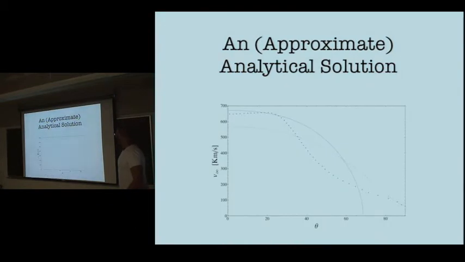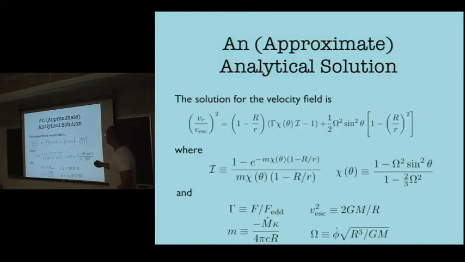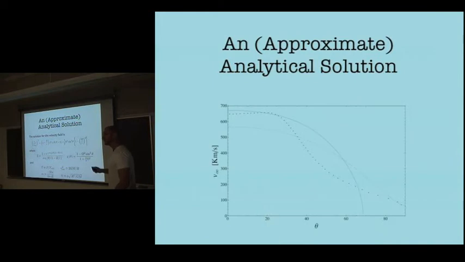I will just present these results, where this is the velocity profile of the wind, plotted at infinity. As you see, this solution has a radial dependence, and I'm showing you the solution at infinity. I will shortly explain why this is generally the case.